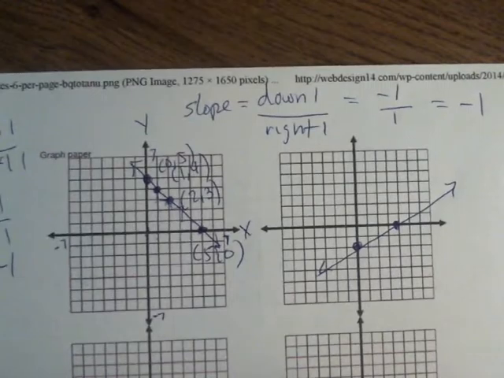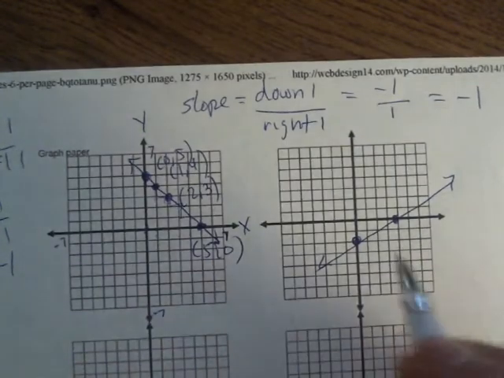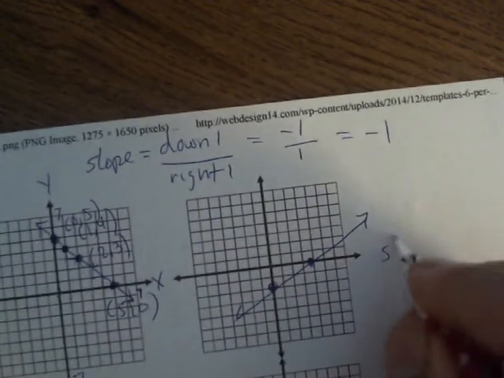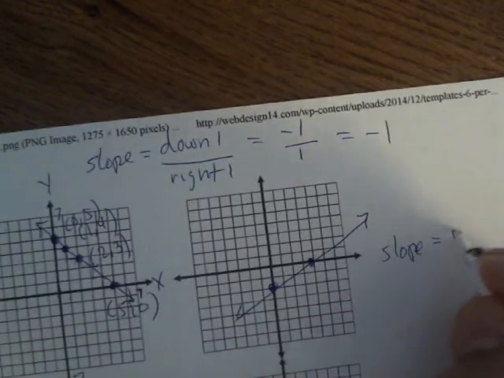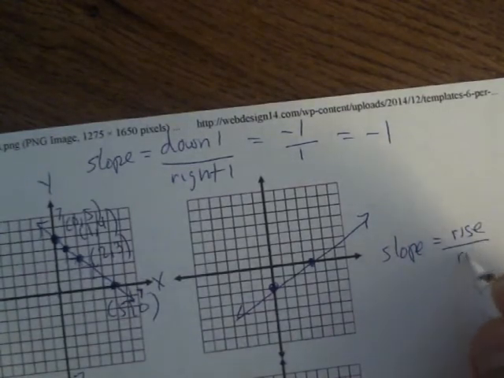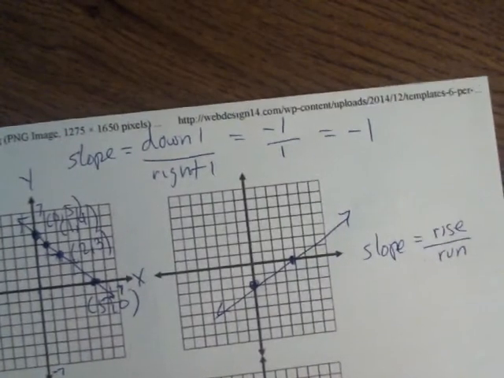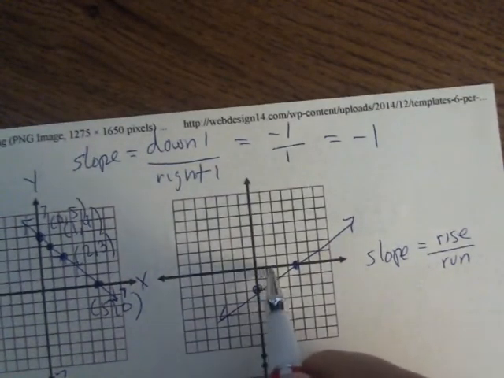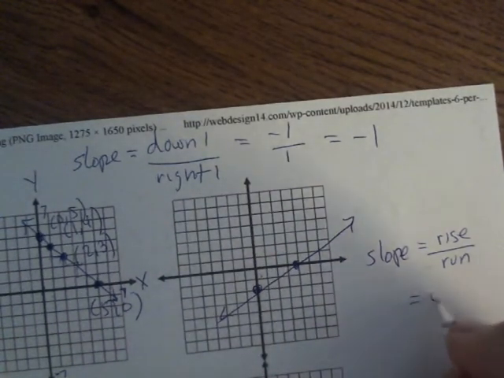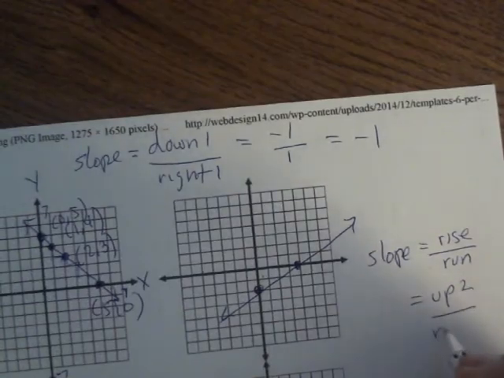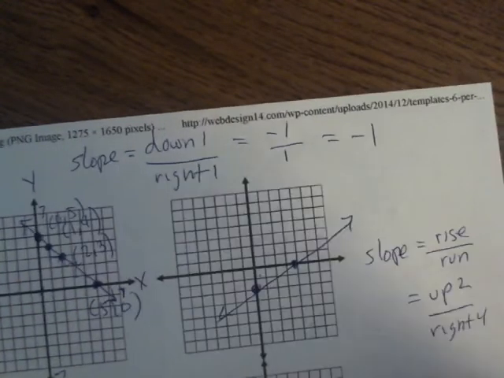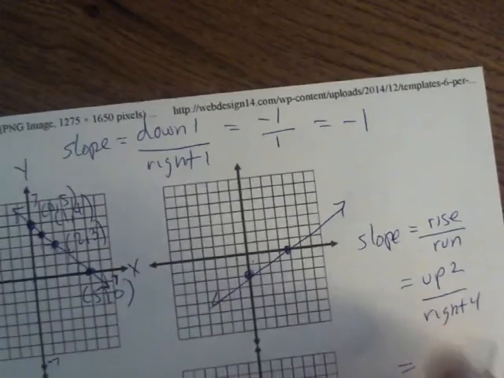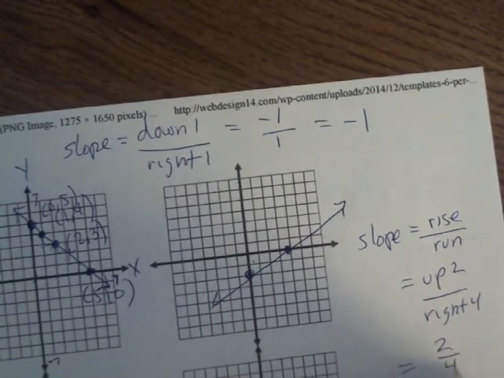Now let's say we wanted to know the slope of that line. Well, think about your rise over run. You go up 2 to the right 4. Both of these are positive movements. So this is 2 over 4, and we reduce it down to 1/2.